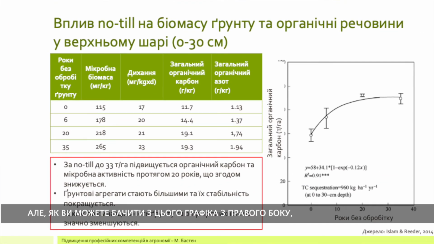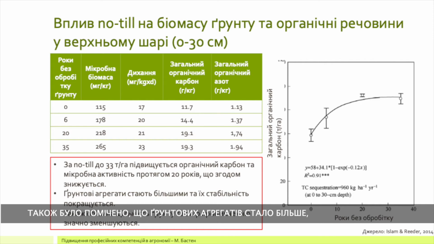but this, as you can see from this graph on the right-hand side, levels off after 35 years. So there's a new equilibrium in the soil, and after that, in a way, there is no further storage of organic carbon. So what is left in the field by residues and so on is degraded at the same speed, so to say, by the microbial biomass.